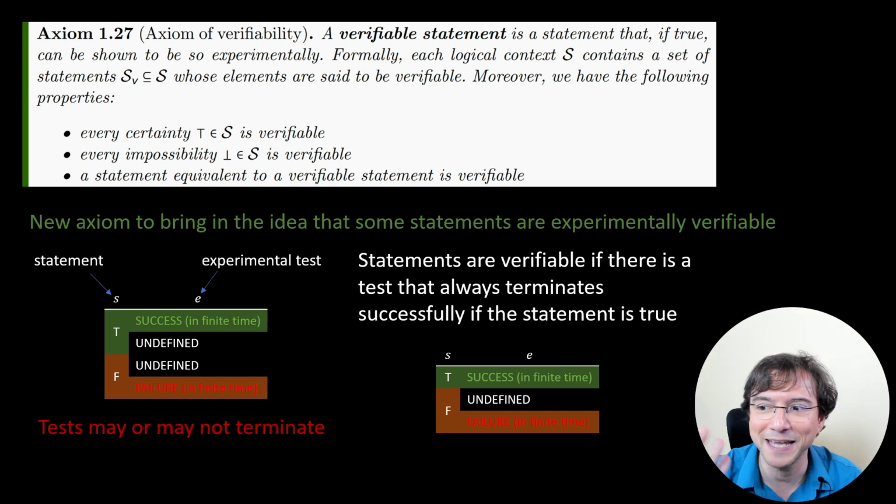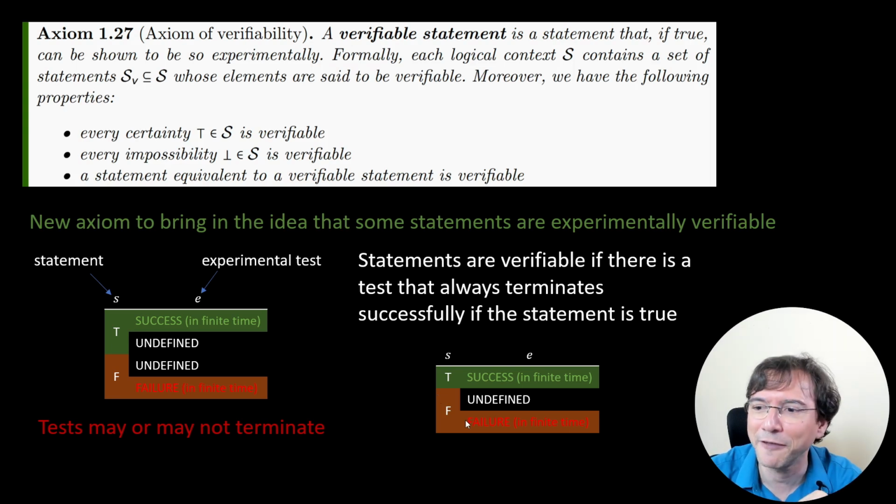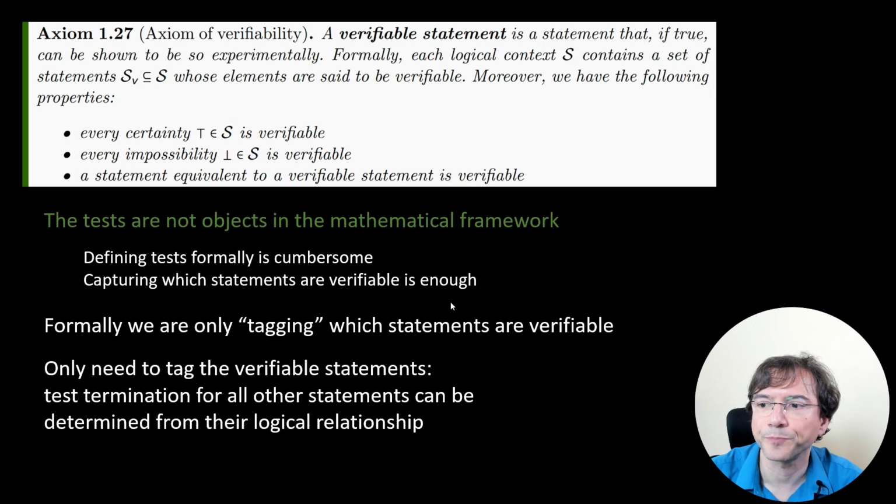So in that case, we have a statement that we can assume is verifiable because at some point we are going to put the telescope in the right direction and we're going to see the life. Or if we don't find it, then we never end, we keep continuing. So the test might succeed when the statement is true, so it's verifiable, but it's not falsifiable. It never ends in the negative case. And these are the types of things that this structure is going to be able to capture.